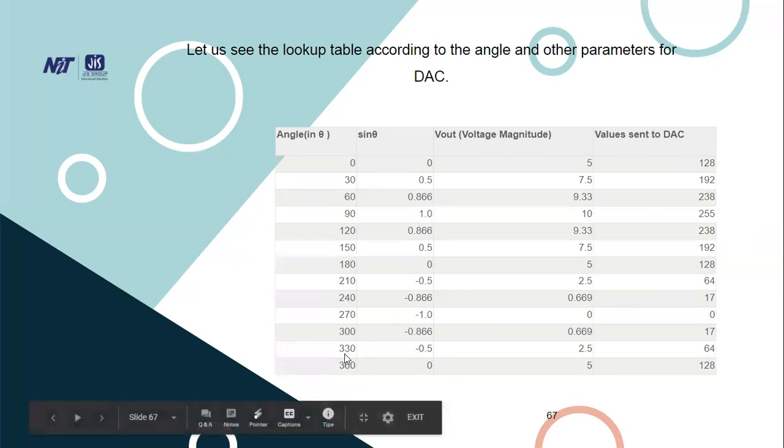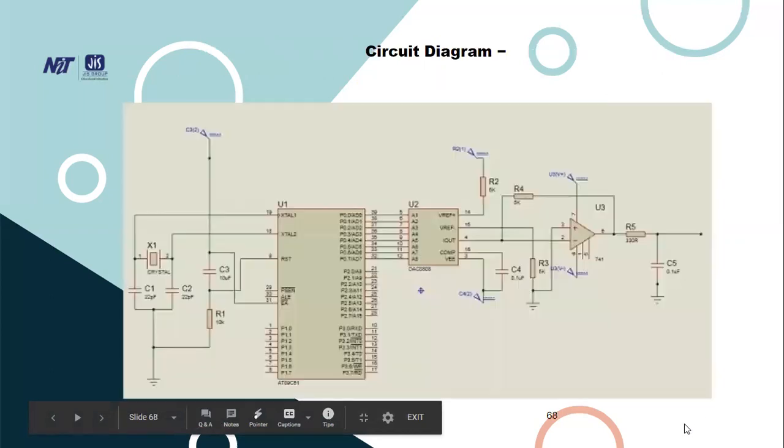In this way, when it is 330, sine is minus 0.5, so the voltage is 2.5 and the value sent to the DAC is 64, and finally at 360 degree, sine is 0, so again the voltage is 5 and the value sent to the DAC is 128. So this is how the angular value is converted. It is the total chart.